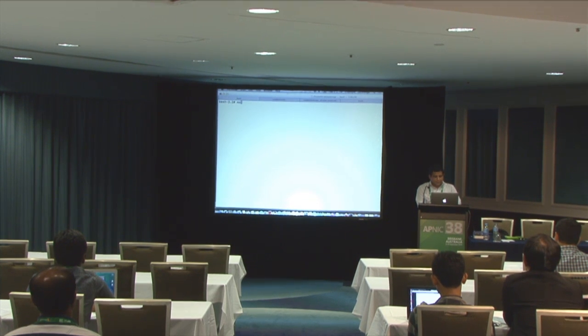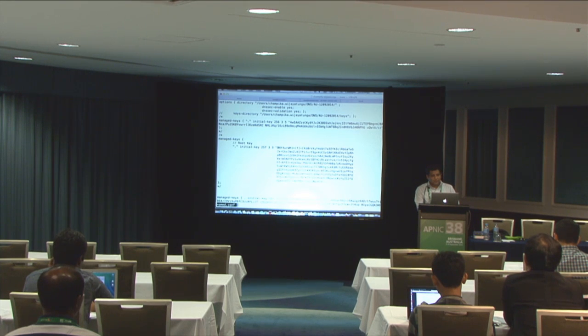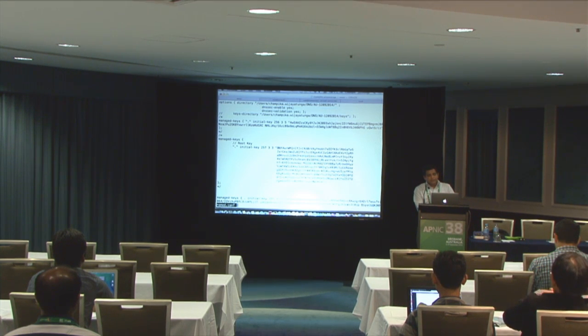So if I see my named.conf, the configuration file, don't worry about many of these things, but this is where I've said I'm enabling DNSSEC, I'm validating DNSSEC here. Okay, so these are all my working directories where all my files are and so on.